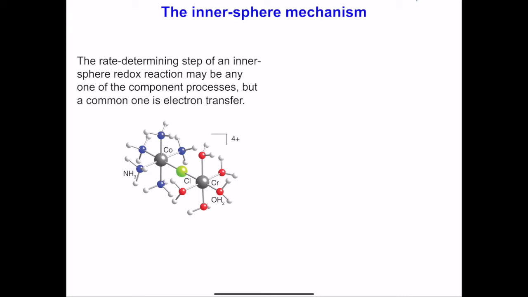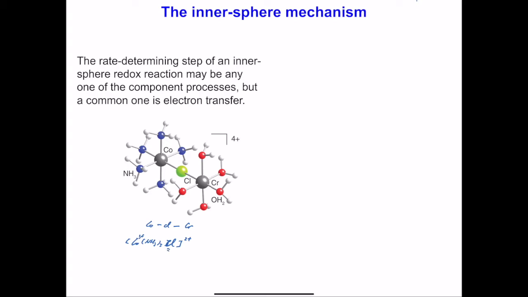I'm going to use this example to show you what bridging means, and how a bridging ligand affects inner sphere electron transfer. Here we have a cobalt complex bridged by chloride to a chromium complex. The cobalt is cobalt ammonia 5, with a chloride ligand here, so it's cobalt 3 here, overall 2 plus because the chloride is in.